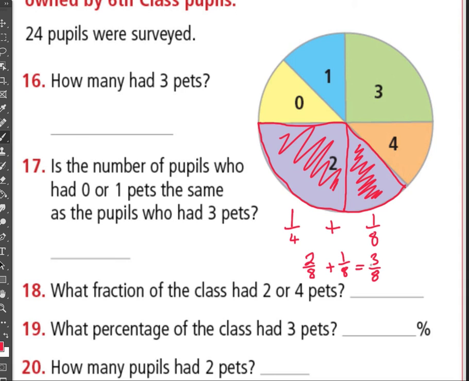So we know that 3/8 of the class had 2 pets, and we know that in the class there were 24. So, to find out how many of the pupils had 2 pets, we need to find 3/8 of 24. And the way we do that is we divide 24 by the bottom number, divide it by 8, and then multiply it by 3 up on top. And that's the end for today.